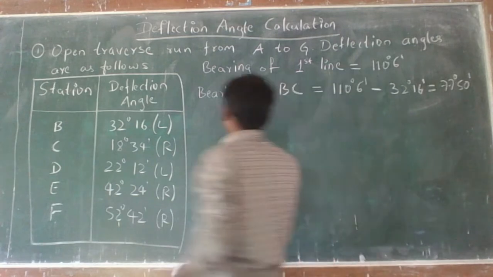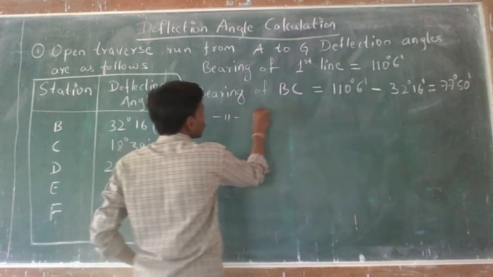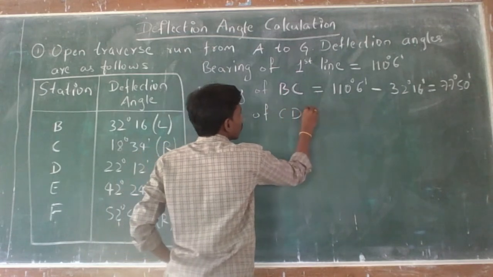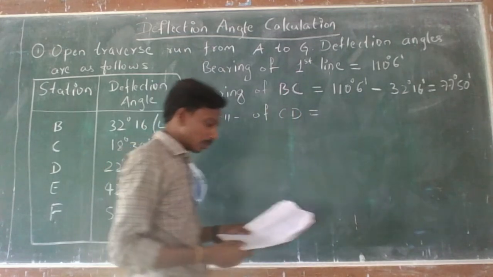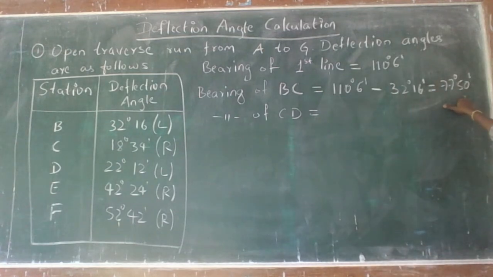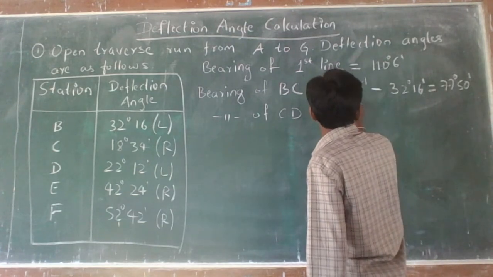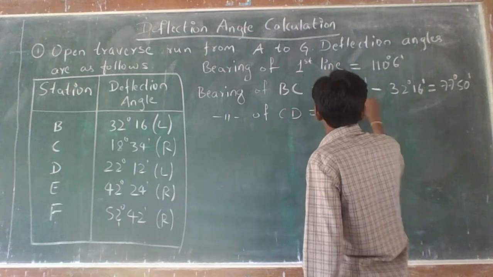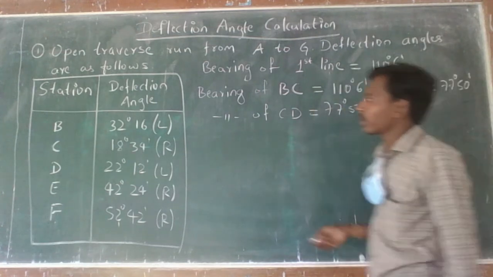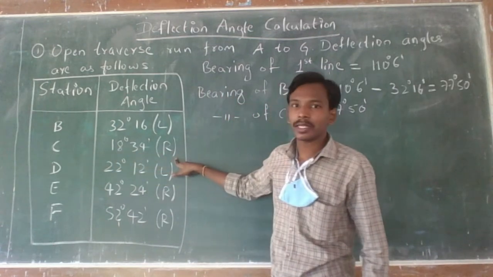Now let's calculate the second bearing. Bearing of CD is equal to, now we have calculated the bearing of BC. Now taking this value, 77 degrees 50 minutes. Now look at here, the deflection angle of C is towards right.